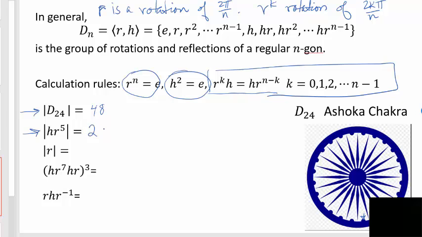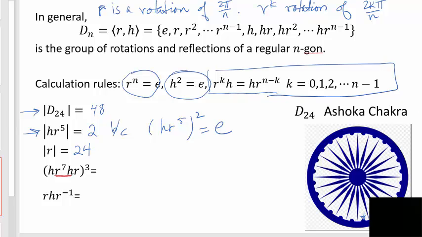So we know that its order is 2 because HR to the fifth squared is equal to the identity. We'll get to that on the next slide. The order of R is, well, the order of R is n, and that is 24 in this case.